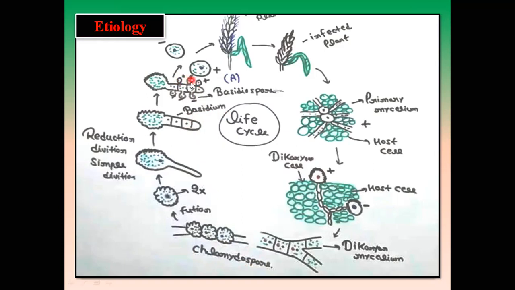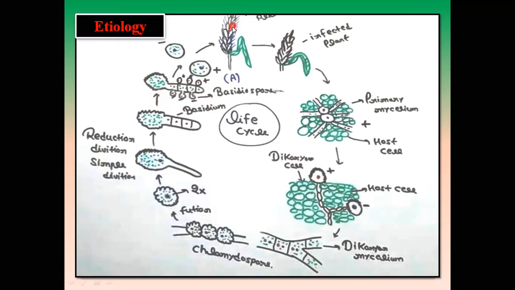These basidiospores are produced intercalary or terminally on this basidium. This basidiospore is also known as the sporidia. This sporidia is released from the infected basidium and falls directly on the airhead.